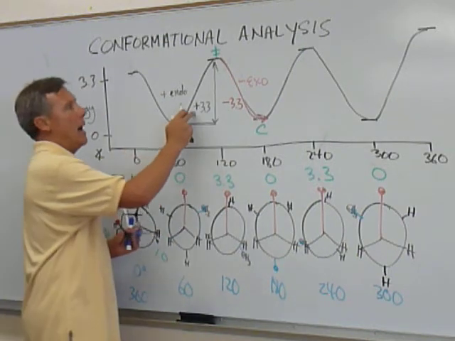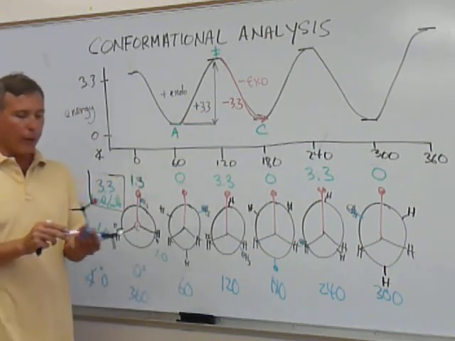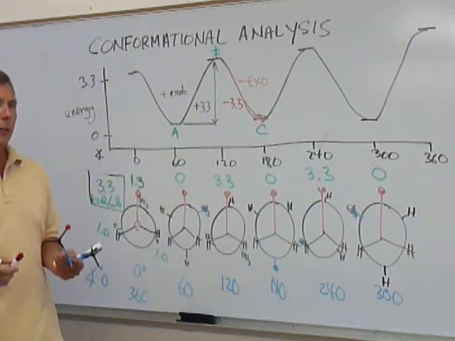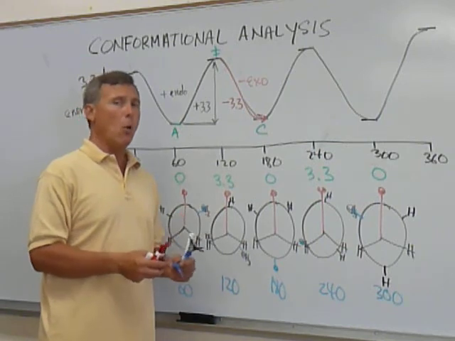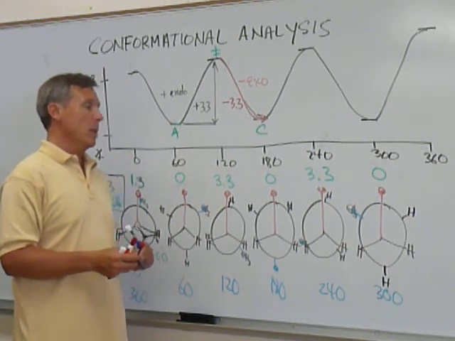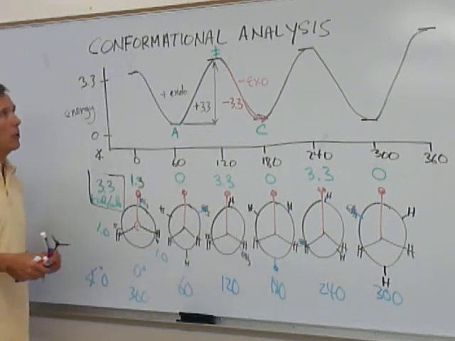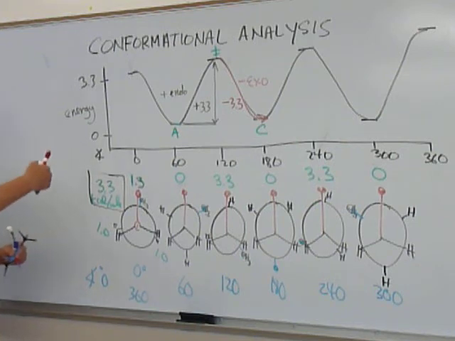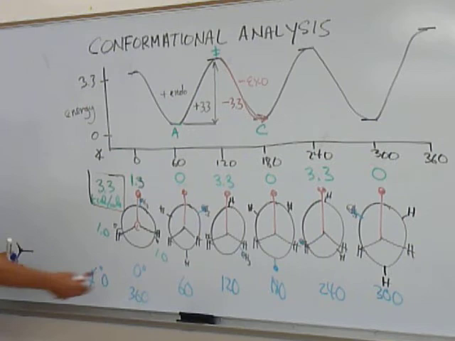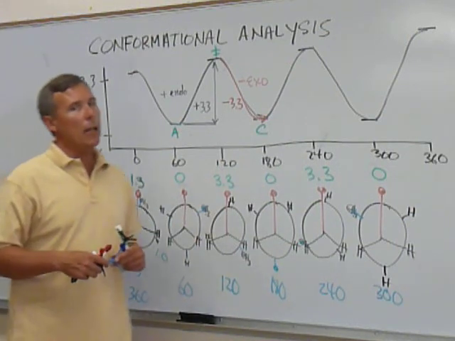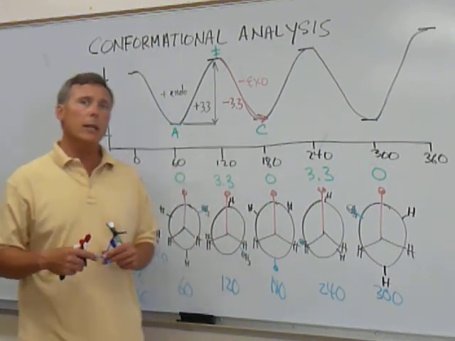However, the positive and negative sign in thermodynamics tells you whether or not energy is flowing into the system or flowing out of the system. So here's the conformational analysis for our 6 conformers, 7 if you include the dihedral angle of 360 for propane. We will be discussing the conformational analysis for butane in lecture.